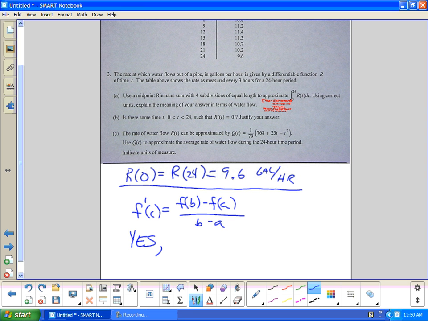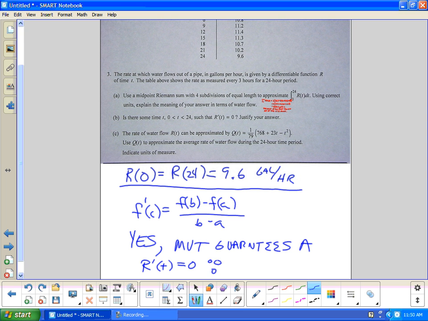And what's the reason? Do we have to put down MVT, mean value theorem, guarantees r prime t0?